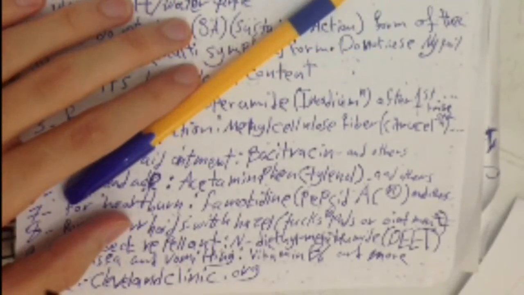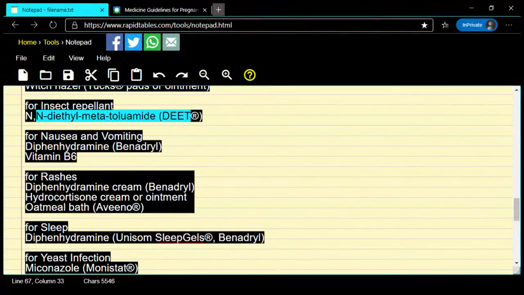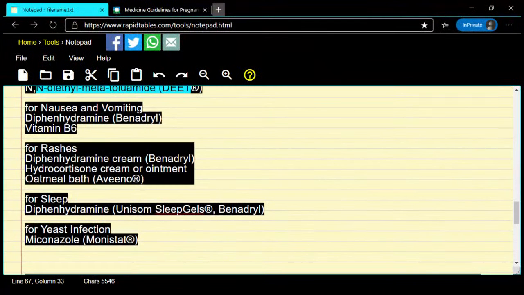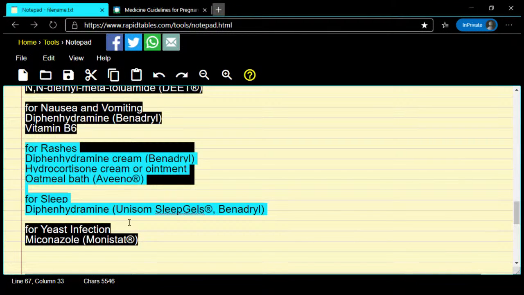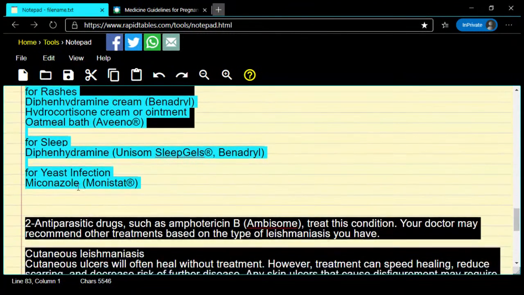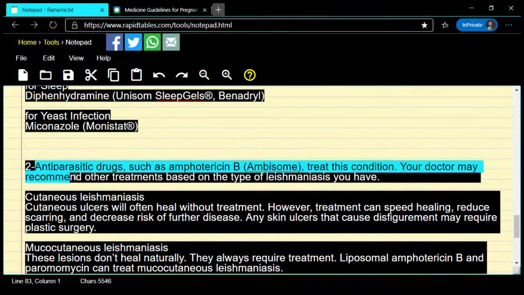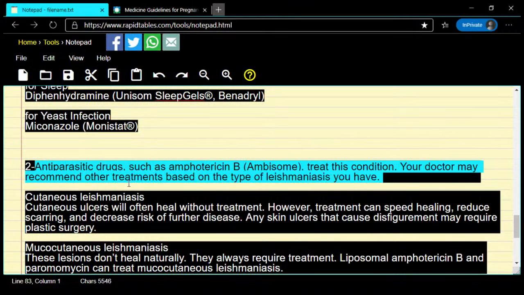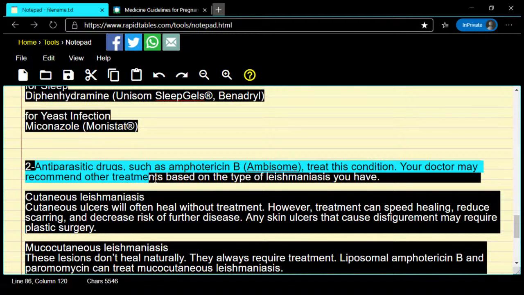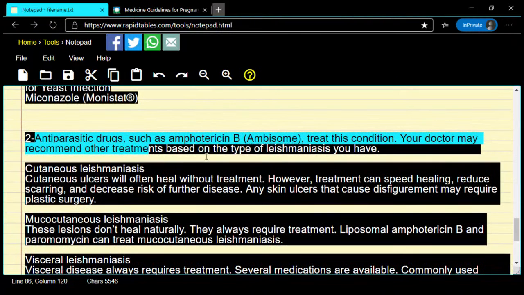Very important lecture that we had. Next we will be writing things. We have no space to write about sleep and yeast infection and rashes. Next we will be writing about the antiparasitic drug for the leishmania.